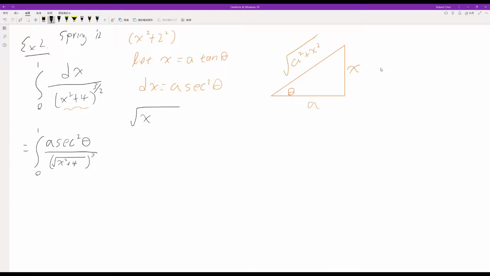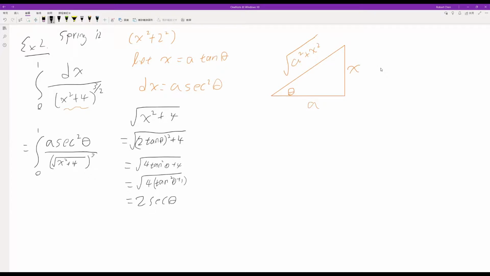We know that we chose x to be a tangent theta, so that will be 2 tangent theta quantity squared plus 4, right? Which will be 4 tangent squared plus 4, and factor out the 4, you get tangent squared theta plus 1, and tangent squared plus 1 is secant squared, so evaluate everything within the radical, you get 2 secant theta, right?